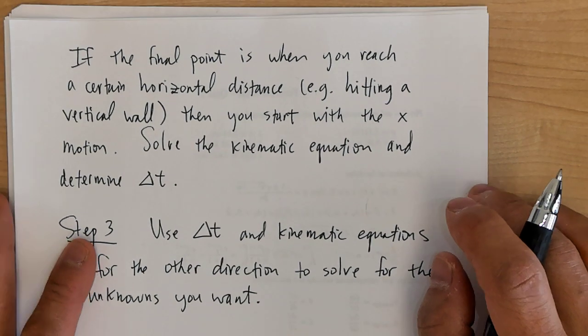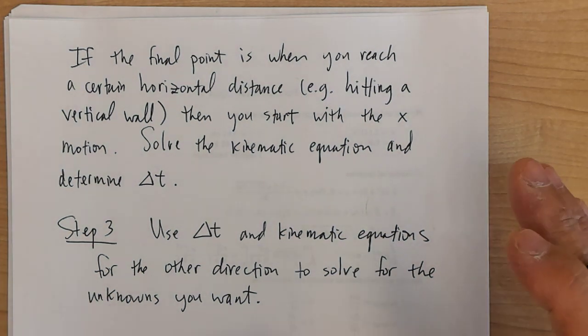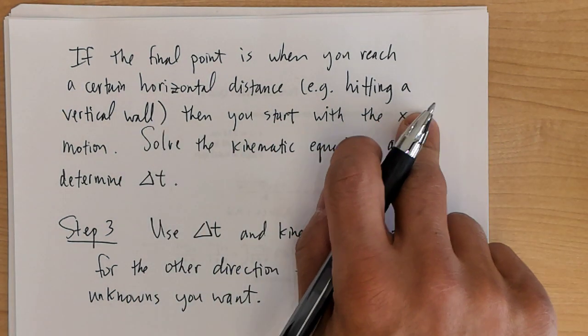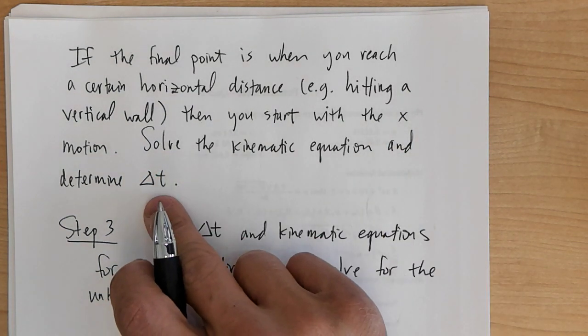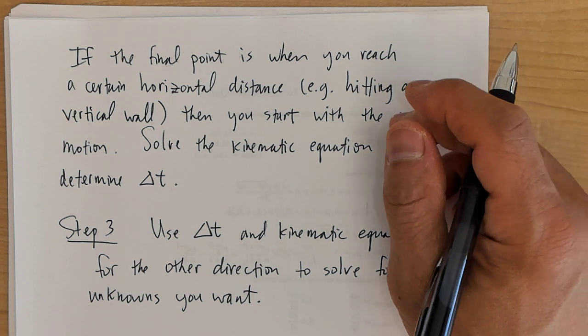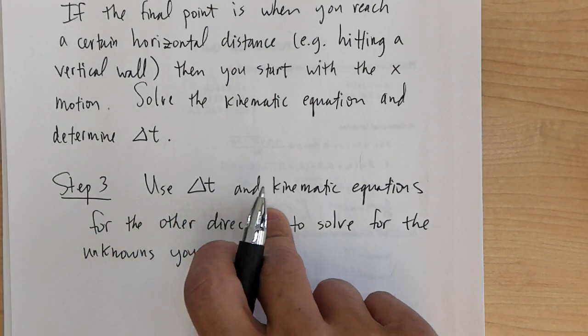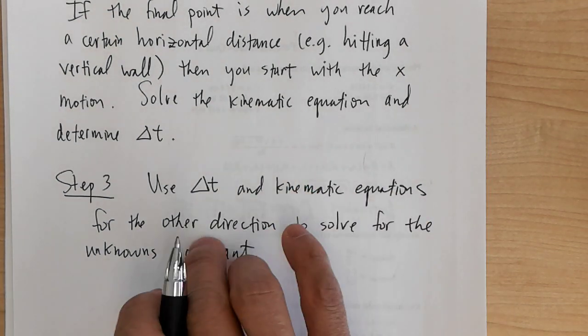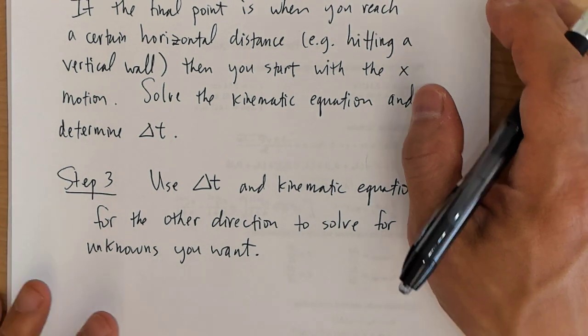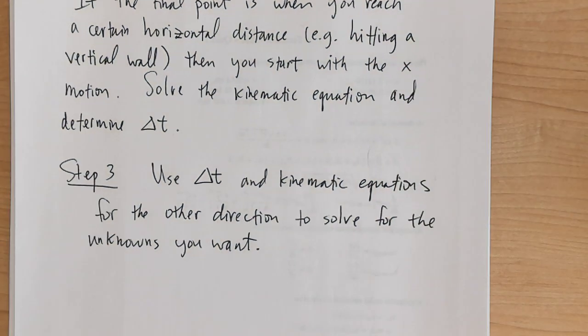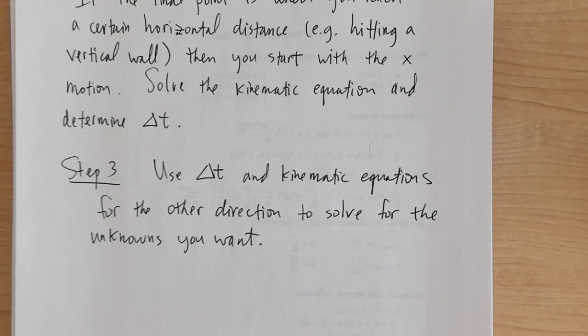If the final point is determined by how far you've gone horizontally, for example, hitting a vertical wall, then you start with the x motion. Then you solve the kinematic equation, you determine delta t. Now step 3, use delta t and the kinematic equations for the other direction to solve for the unknowns you want. These 3 steps are sufficient to solve just about any problem we'll be doing in class. You can cook up a more complicated problem where these steps aren't enough, but these steps will cover pretty much everything we need for this class.